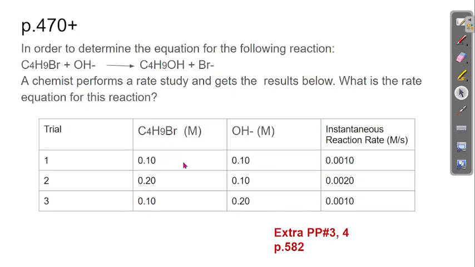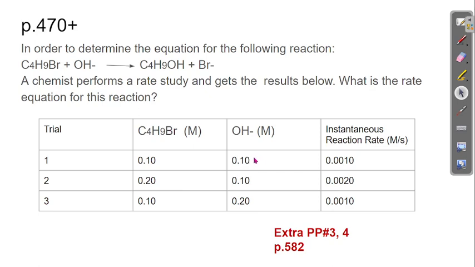Okay, we need to find trials in which the rate changes because the concentration of B changed. Only B changed. A cannot change.